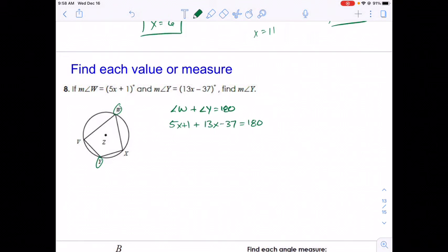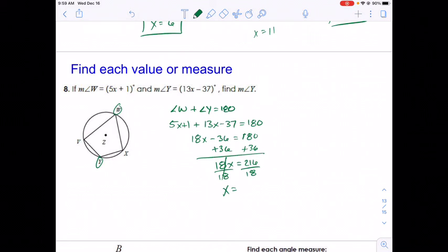Combine like terms, so 13 and 5 gives me 18x. 1 minus 37 is a negative 36. Equals 180. We're going to add 36. That's going to be 216. We're going to divide by 18.